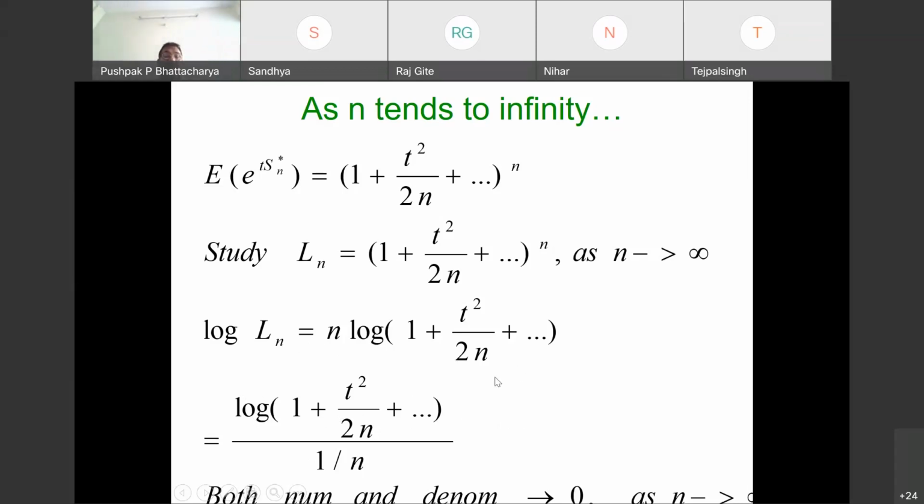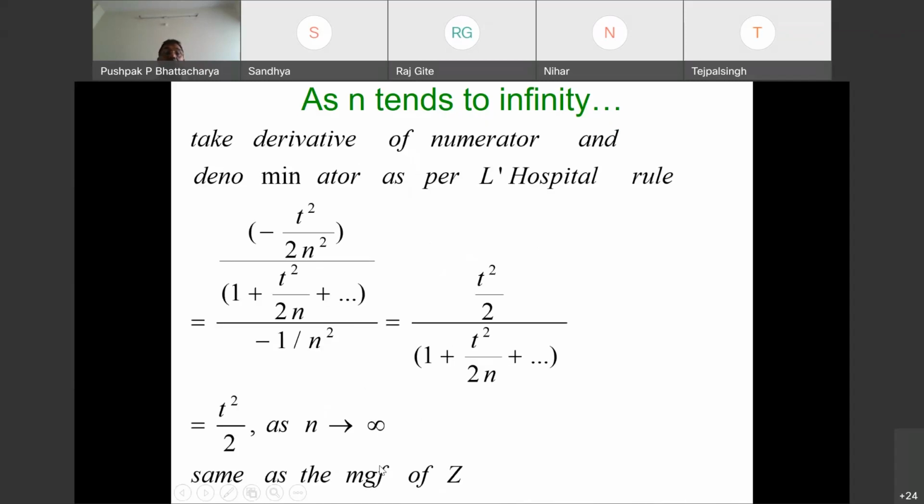Now as n tends to infinity, the numerator tends to log 1, which is 0. Other quantities in the summation approach 0. The denominator also tends to 0. So now we can take the derivative of numerator and denominator by applying L'Hopital rule.